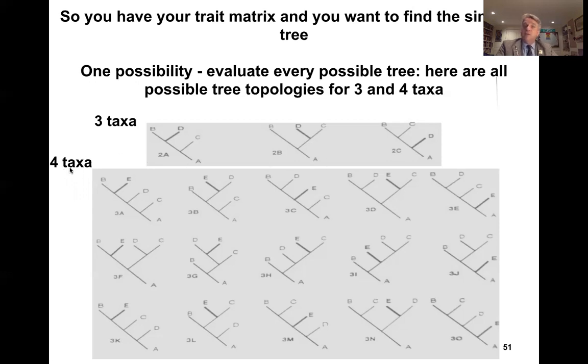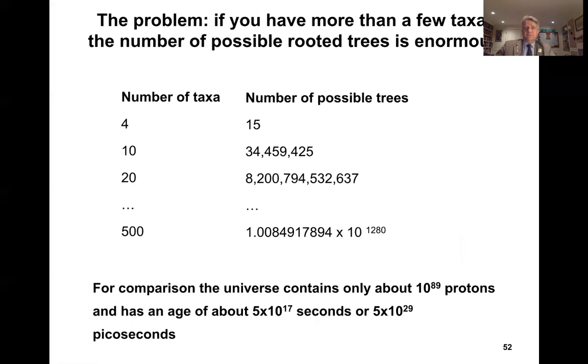If there are 4 species, there are 15 possible trees. Maybe we could map the changes for our matrix on every possible tree and be assured that we have found the optimal tree because we've looked at every tree. We've done what we would call an exhaustive search. However, the numbers get amazingly large.